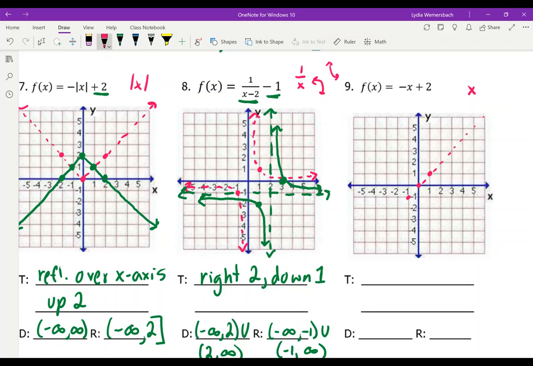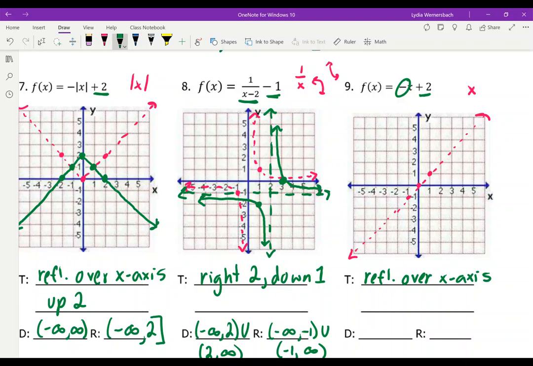It just has a few things happening to it. So we're still going to plot that parent function like we did for all the others. And you may say, well, I could do it with a slope of negative 1 and a y-intercept of 2, and you can, but we still have to list those transformations. We still have to do all of that. So we just want to be real careful. So that negative out front is a reflection over the x-axis.